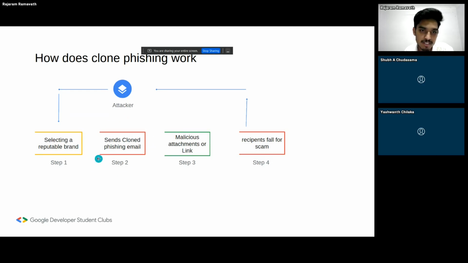He will be sending the emails to the individuals or a group of people with a kind of reputable email address. He also creates the email to look as original as the brand's email. In that email, he would include malicious attachments or links. Then, whenever the recipient falls for the scam and tries to access the web page created or cloned by the attacker, all the credentials entered by the user go back to the attacker, and that's how an attacker gets one's credentials like passwords and usernames.